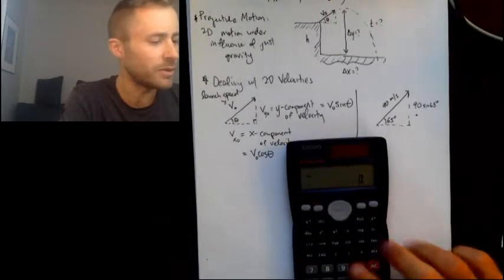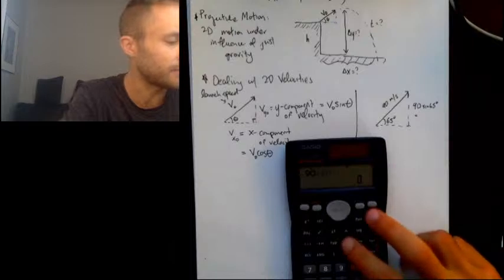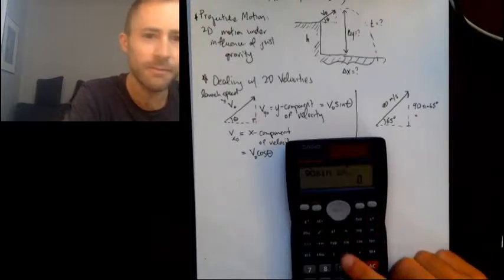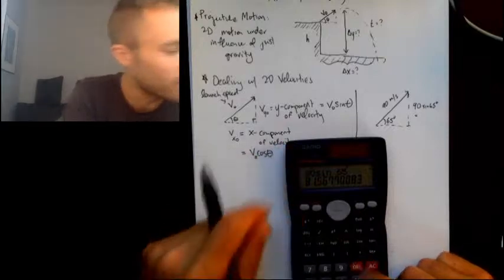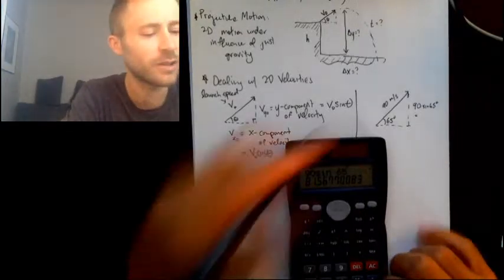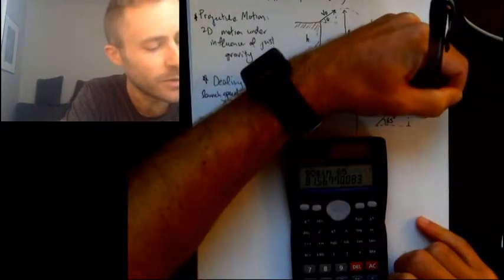So I'm going to type in 90 sine of 65. My calculator's in degree mode, and I get 81.6. I'm just going to round it to 82 meters per second.